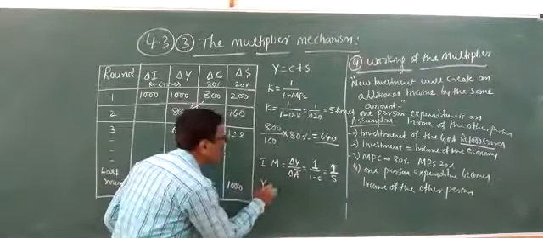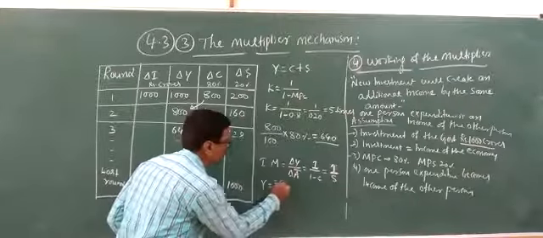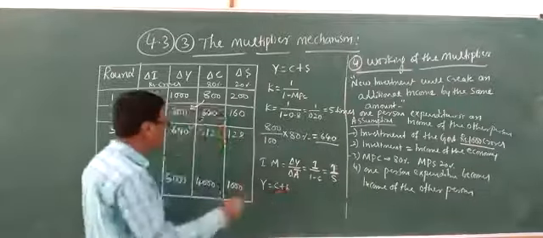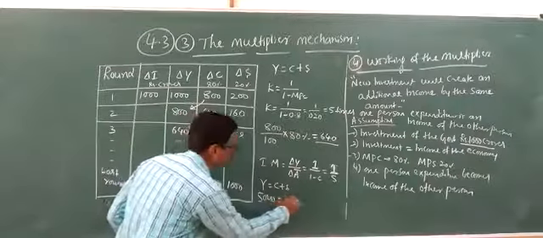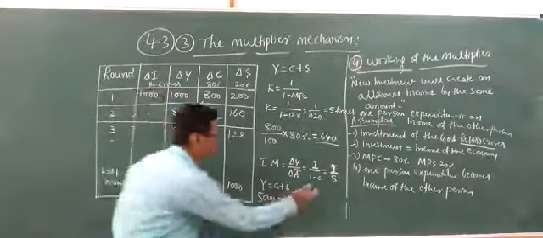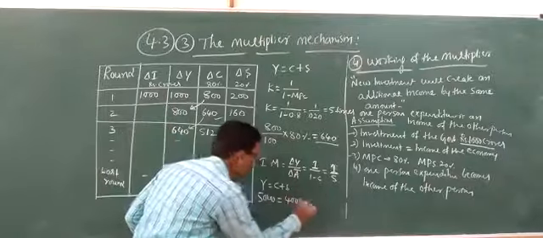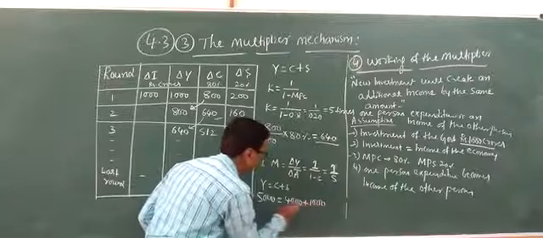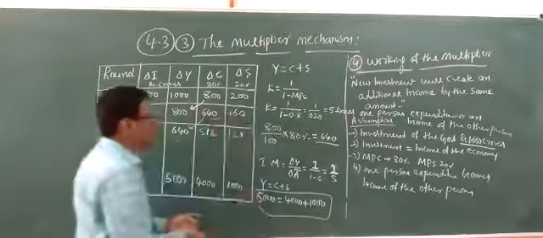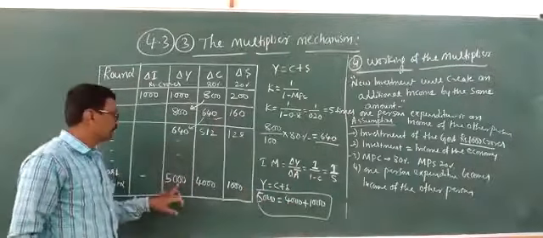Y is equivalent to C plus S, expressed numerically: 5000 is equivalent to 4000 used for consumption expenditure plus 1000 used for savings. It is 5 times.